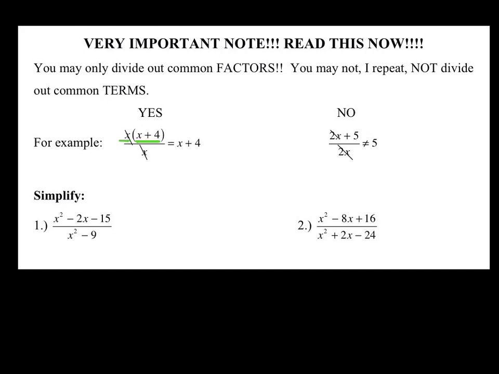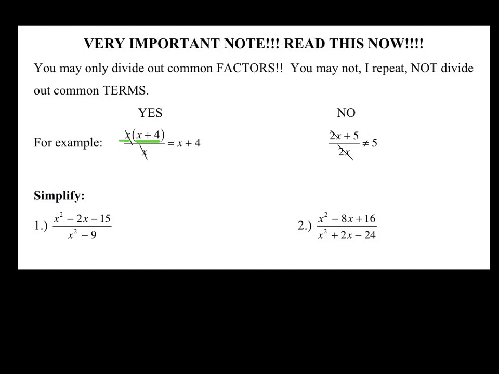So if you guys are looking at the second one, 2x plus 5 over 2x, 2x and 5 are being added together, not multiplied together. So you can't cancel out 2x because it's part of that expression 2x plus 5. They're not factors, they're just terms.